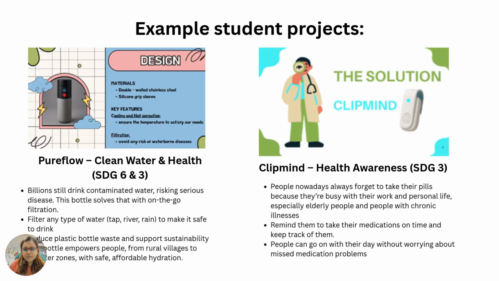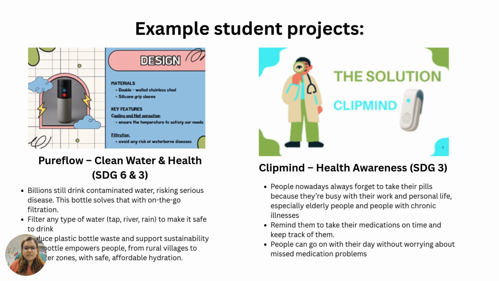Here are some examples of student project. Pure Flow, which aligns with SDG 6 and 3, talks about how to reduce plastic bottle waste, which supports sustainability at the same time provide affordable hydration for disaster zone and also rural villages.